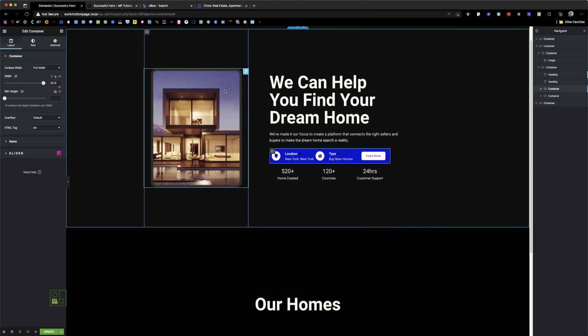The next thing that I want to also point out is image. Making sure that you have an image that conveys what, who, or why you do what you do. Without an image, people might be lost. Right now, I've placed this beautiful picture over here, and for me, I think it conveys that we have luxurious, or pretty beautiful homes to offer.